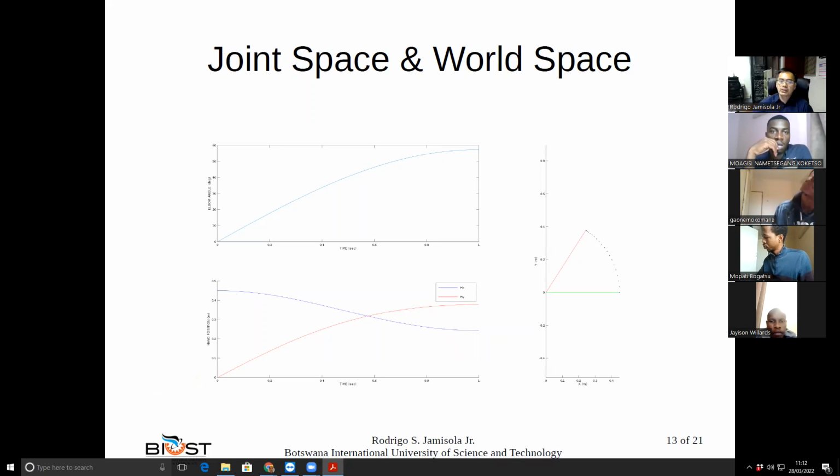And so we mentioned that the control in 3D space is much more complicated. And so we need to concentrate first on the 2D space.